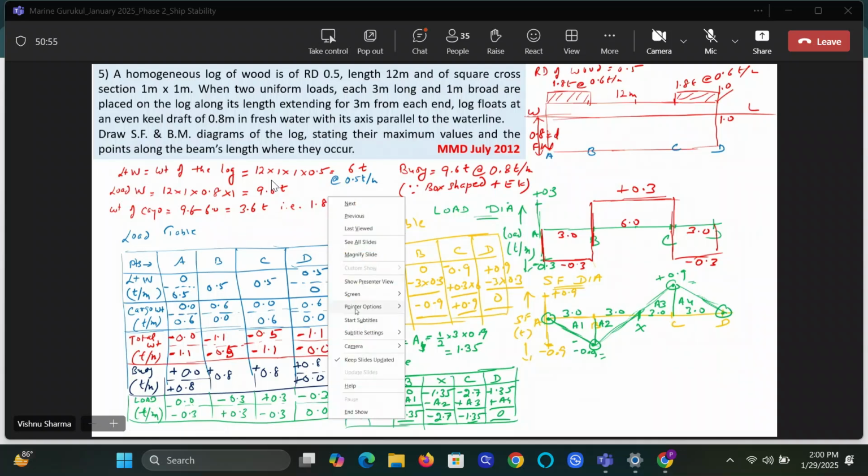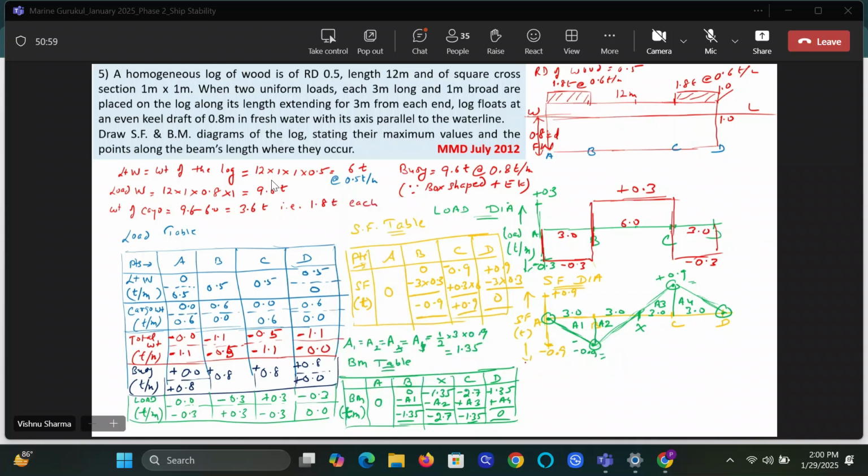Okay. Would you like to make the BM diagram before I make it? Please do so. It's all minus, so I don't have to have anything in the plus side. I can have it here. A, B, X, C, and D. I'll have BM in ton meter.